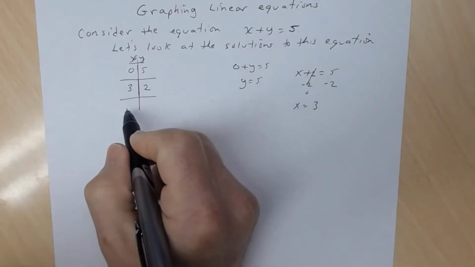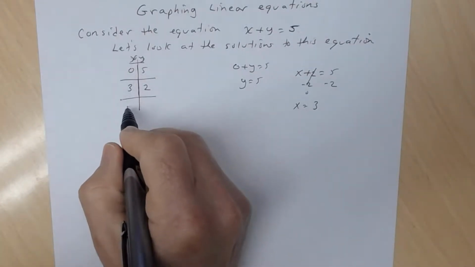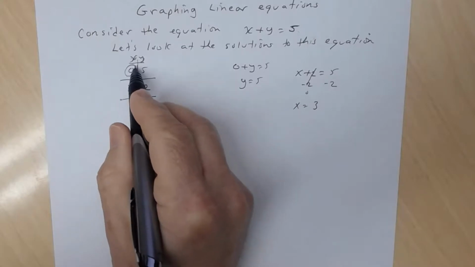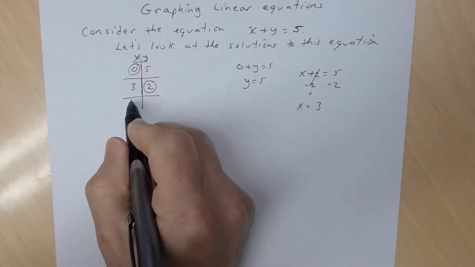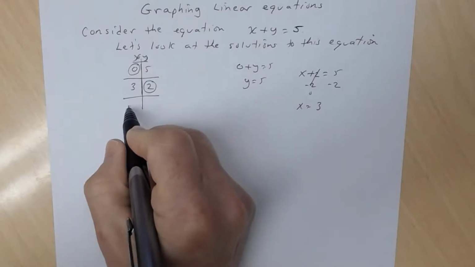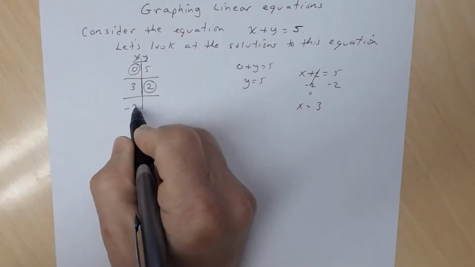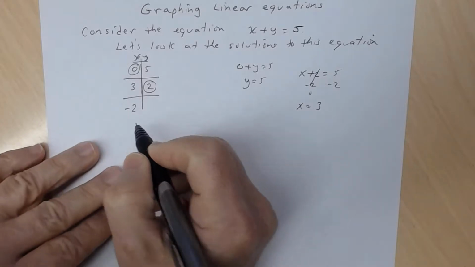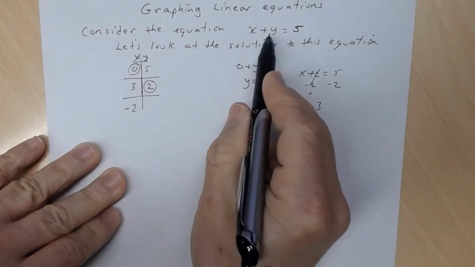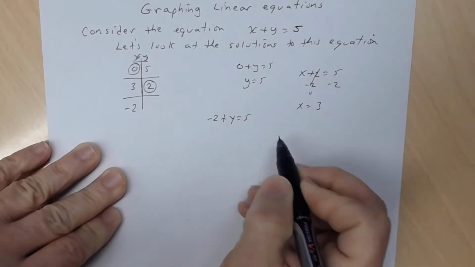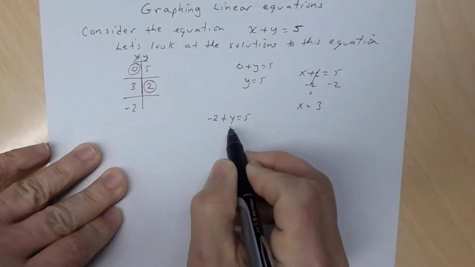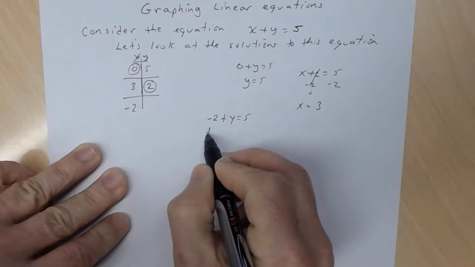If I let x be, now remember, here we let x be 0 first, and then here we let y be 2 first. So this time, if x is negative 2, I get negative 2 plus y equals 5. To get y by itself, I'm going to add 2 to both sides.